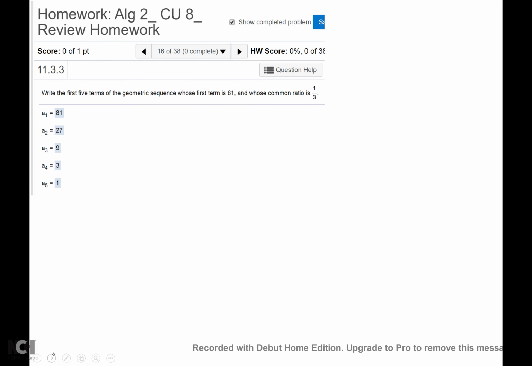Write the first 5 terms of the geometric sequence whose first term is 81 and whose common ratio is 1/3. So times 1/3, and type it in, you get 27. 27 times 1/3, you get 9. 9 times 1/3 is 3, and 3 times 1/3 is 1.